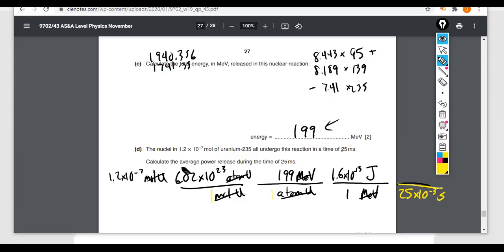And I get 920076.380.2 watts. That's a lot of watts. 920 million watts. So we could say 920 megawatts.